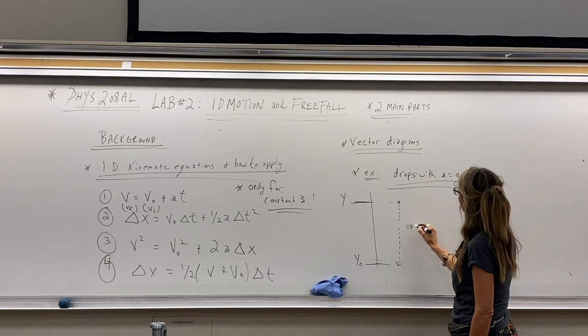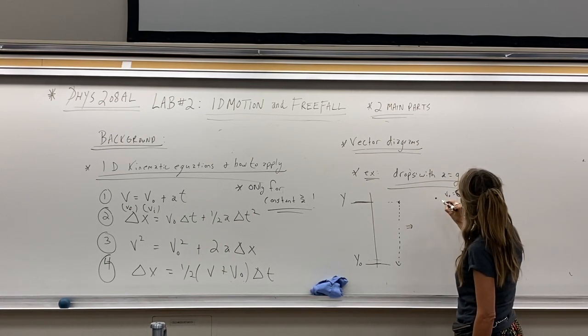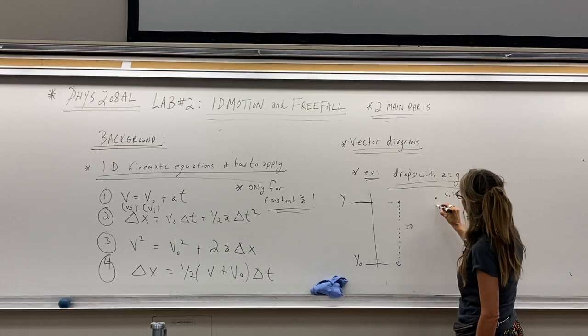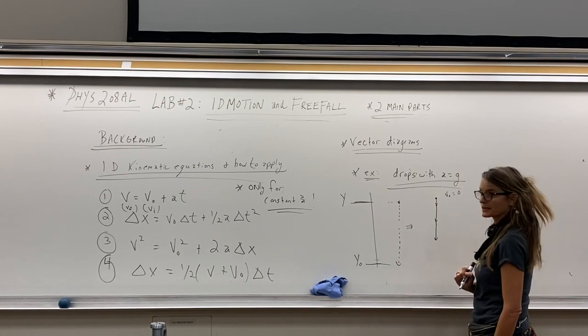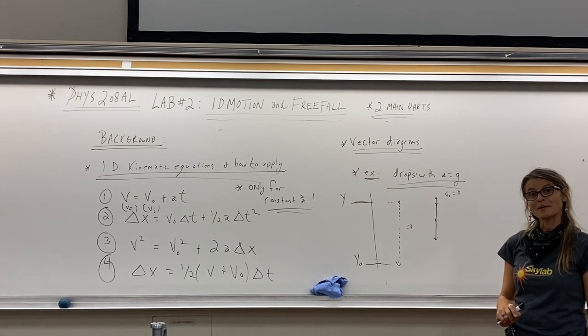What's going to happen is the velocity at the top, v naught, equals 0, and then it would accelerate due to gravity. So my position vectors would get larger as it drops.